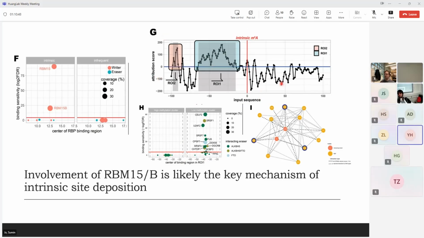Mm-hmm. And then you want to know whether there's a unique motif associated with existing known RNA binding proteins, right? Mm-hmm. Or whether there are RNA binding protein binding sites that are also enriched in these two regions of interest. If there are, enriched meaning they're more enriched in association with intrinsic sites versus the infrequently methylated sites, right?